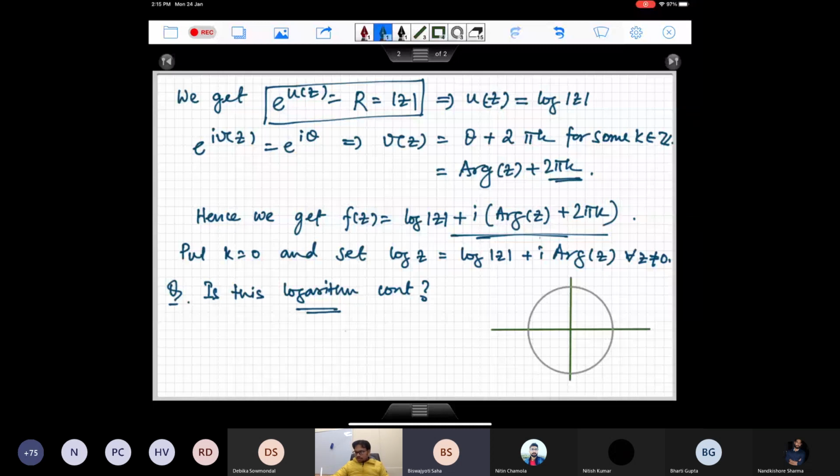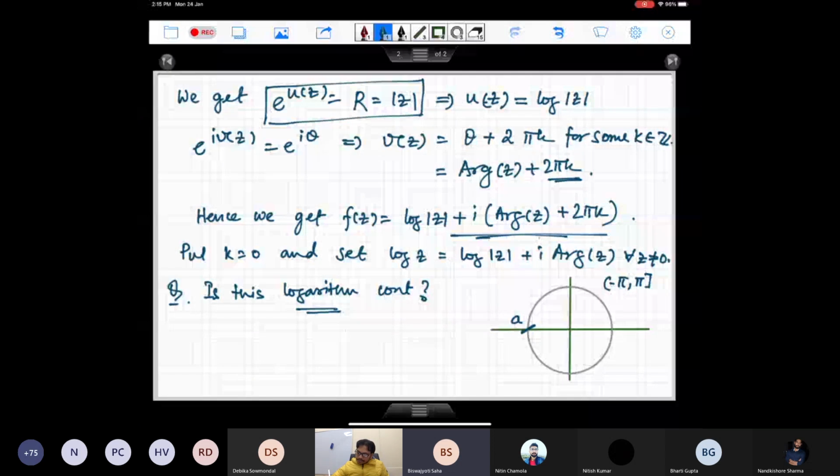That means the point over here has argument plus pi. Now why is argument not a continuous function? Take the points approaching this particular point; let's not write pi, let's write a. So a is the point where the circle meets the negative real axis.